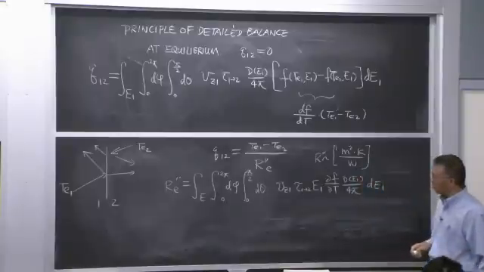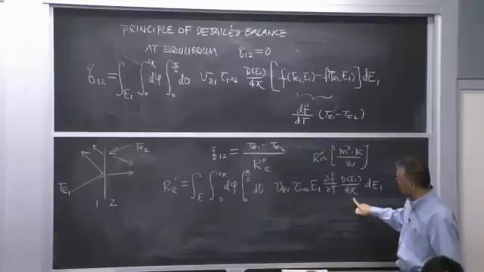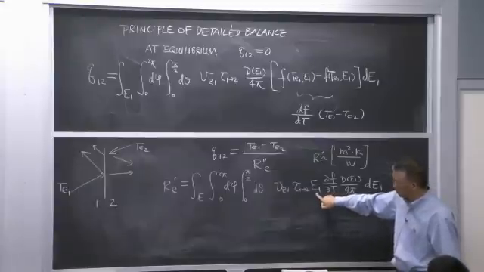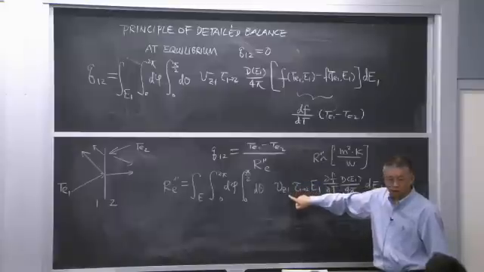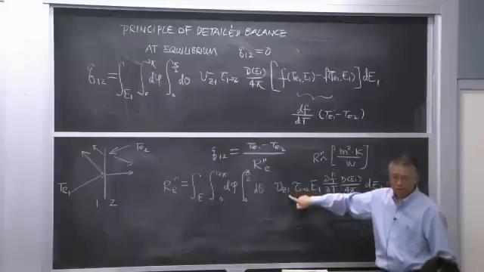So in theory now, you can calculate this term. You calculate the density of states. You know the band structure. You know this. This velocity I'll discuss next. So you can calculate everything.